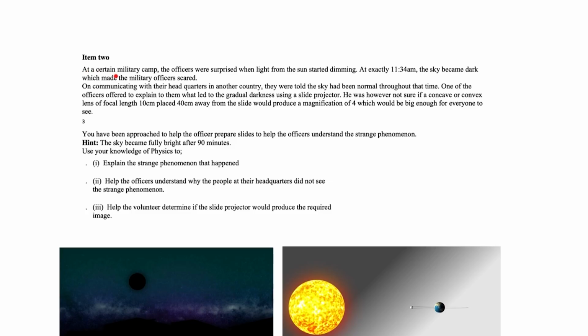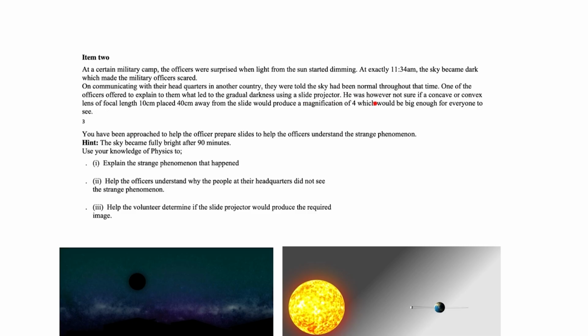At a certain military camp, the officers were surprised when light from the Sun started dimming. At exactly 11:30 a.m., the sky became dark, which made the military officers scared. On communicating with their headquarters in another country, they were told the sky had been normal throughout that time. One of the officers offered to explain to them what led to the gradual darkness using a slide projector.